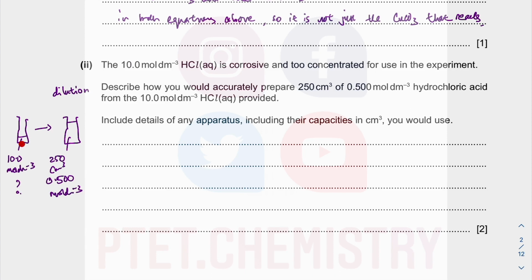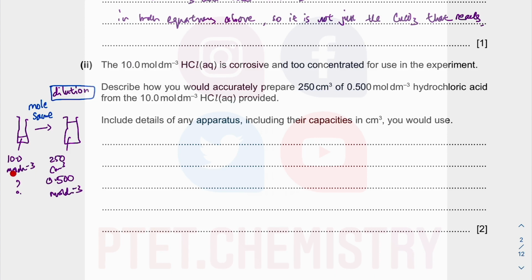When we take out a specific volume of this 10 mole per dm cube, we add distilled water for dilution up to 250 cm cube. Our mole is going to be the same because that is the whole aim of dilution. You keep the mole the same, but the concentration is going to be different.